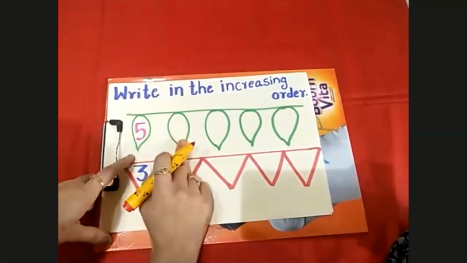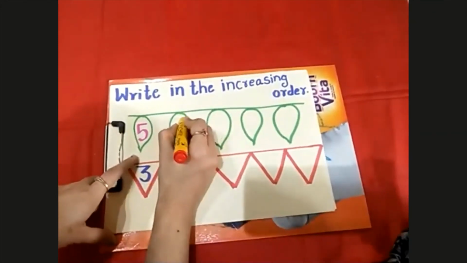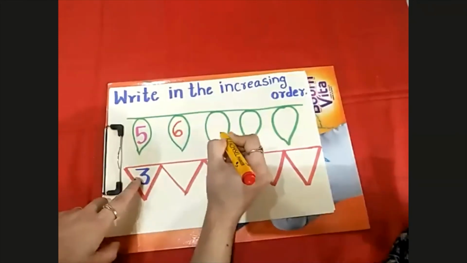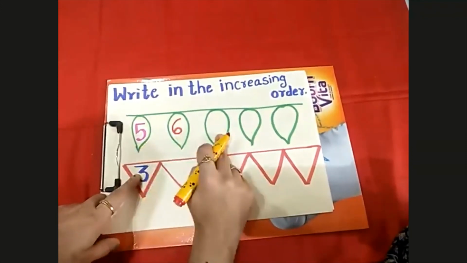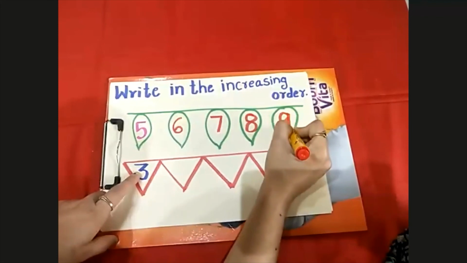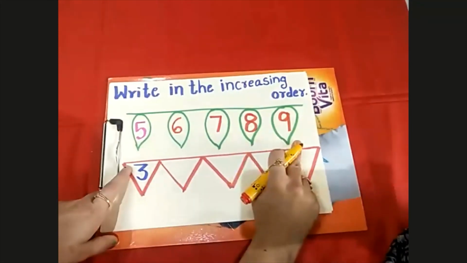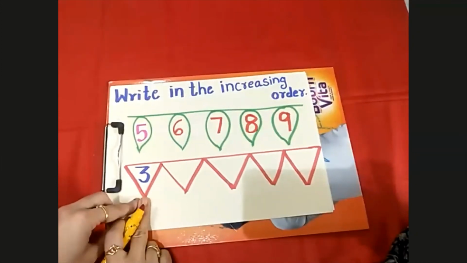Now next to 5, which number will come in increasing order? 6. Very good. Then 5, 6, 7, 8, 9. This is called increasing order. Now tell me the increasing order from the number 3.